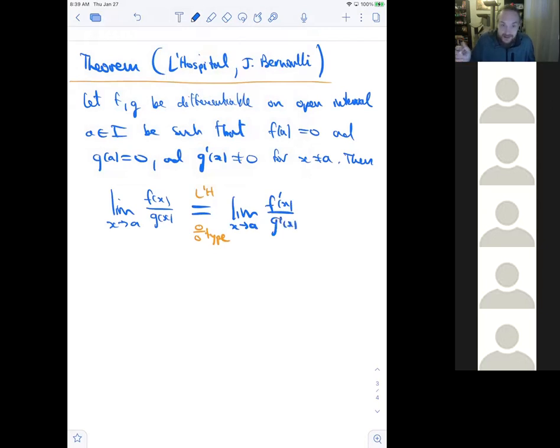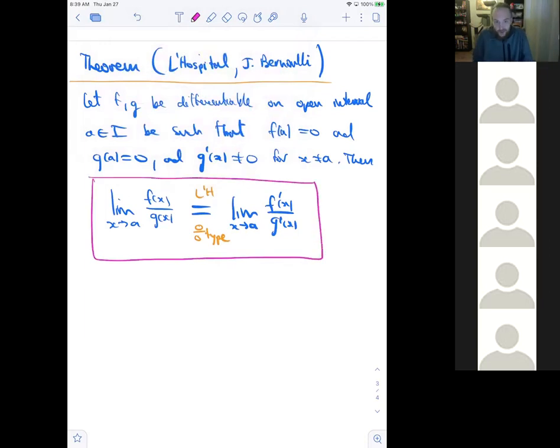This is not the quotient rule. We're not taking bottom d top minus top d bottom over bottom squared. I'm taking the derivative of the top and the derivative of the bottom separately. That ratio is the same. This is L'Hopital's rule. You can only take the derivative in two forms, in this form or in the next form, which will be infinity over infinity.